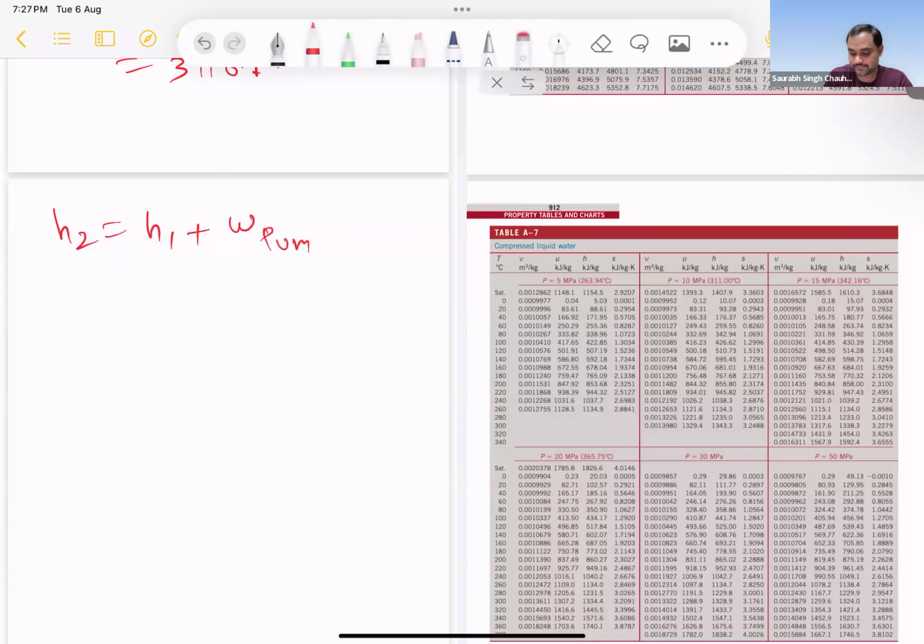Right? Just energy conservation. H1 we had already found out, and it was how much? 384.44 plus 3.03 kilojoule per kg. Just check these values.